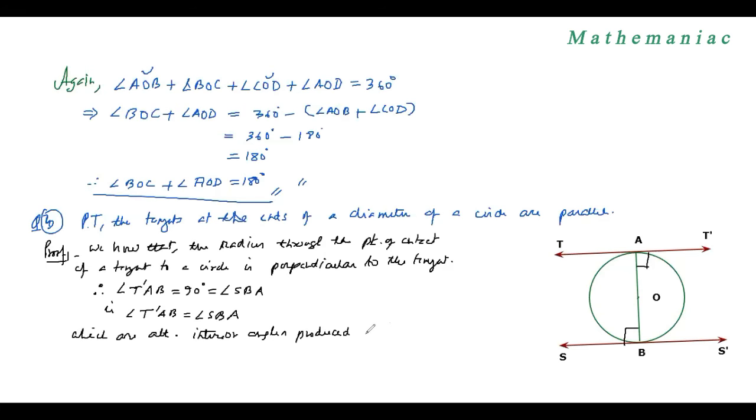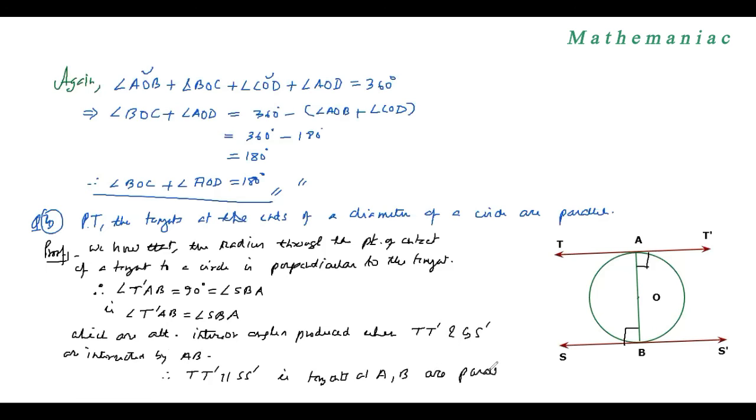When TT dash and SS dash are intersected by AB. Therefore, we must say that this line is parallel to this line. That is, tangents are parallel. Tangents at A, B are parallel. Hence, we prove it. Please note down this.